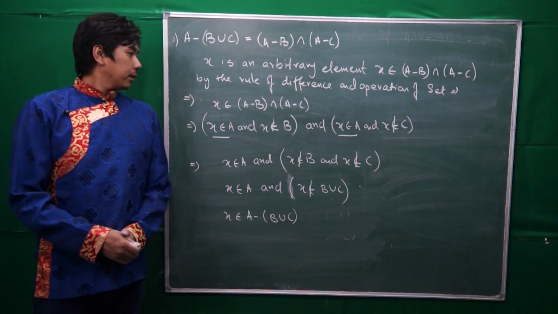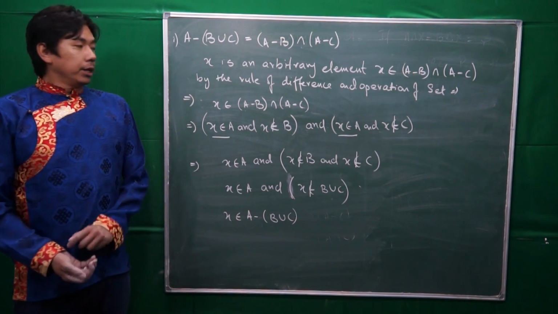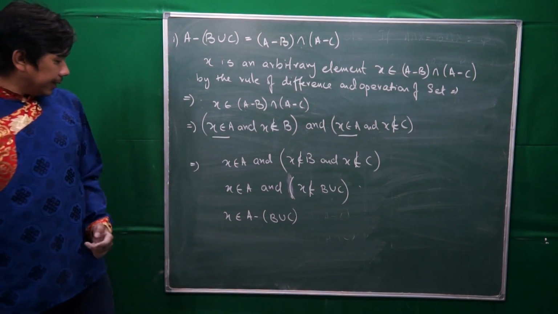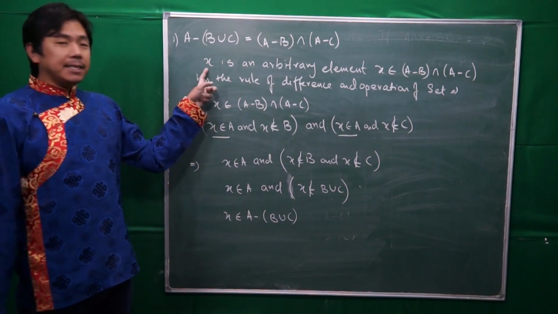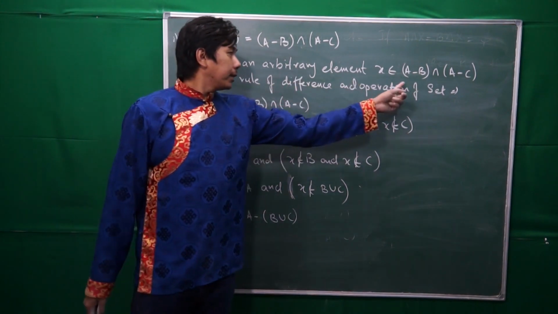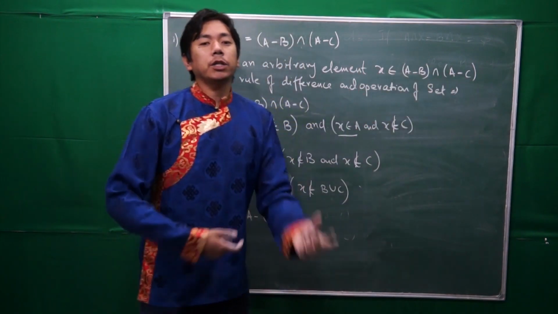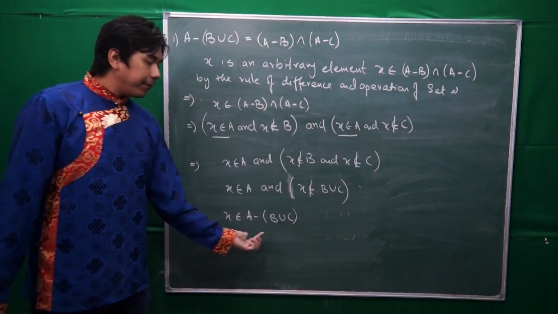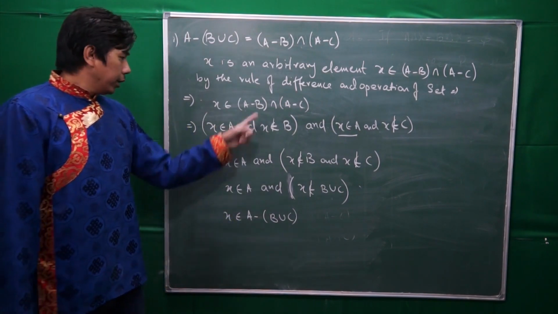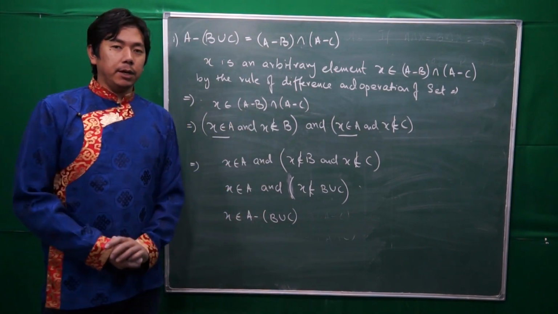All right. Clear? So from this line, we can see clearly that X is an arbitrary element of this set, but this element is also an element of A minus B union C through this process. Okay.